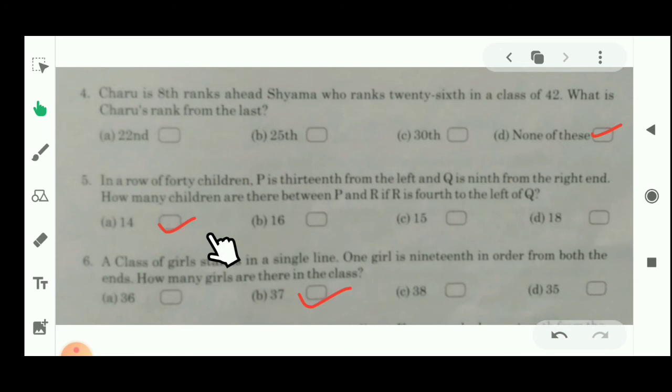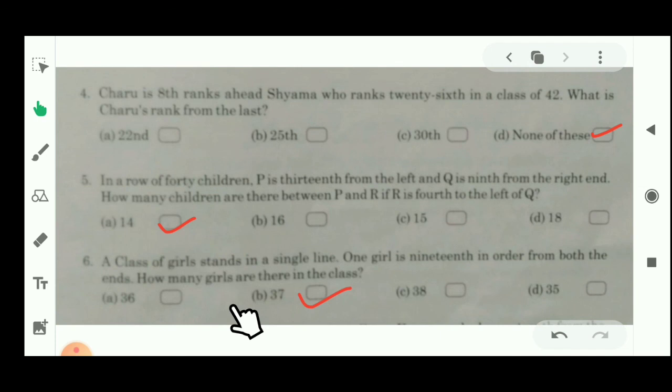So students, the children between P and R is equal to 40, that means the total number of students, minus (9 plus 13 plus 4). 9 plus 13 plus 4, it will be closed in the bracket. That means the answer is 14. So option number A will be right for question number 5.